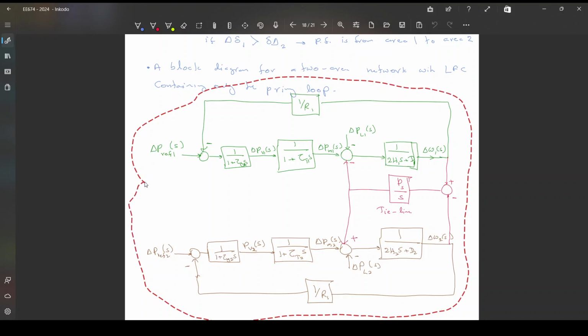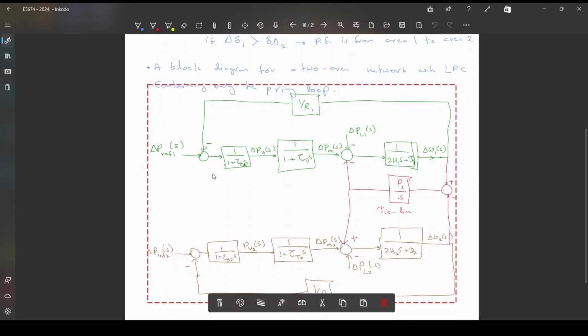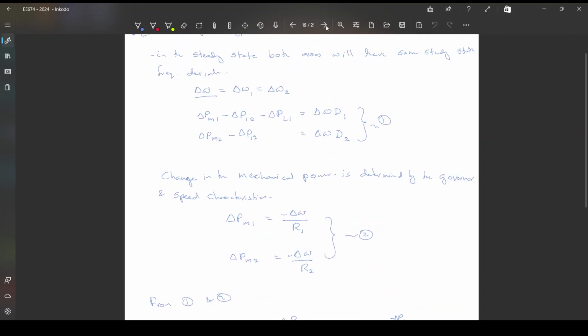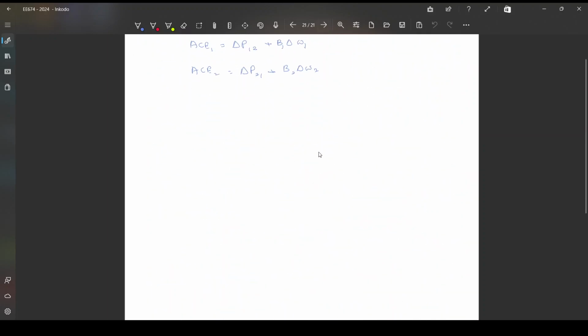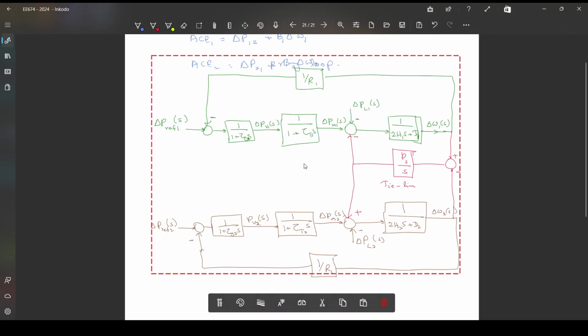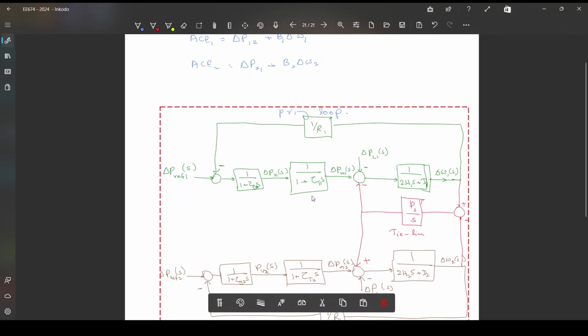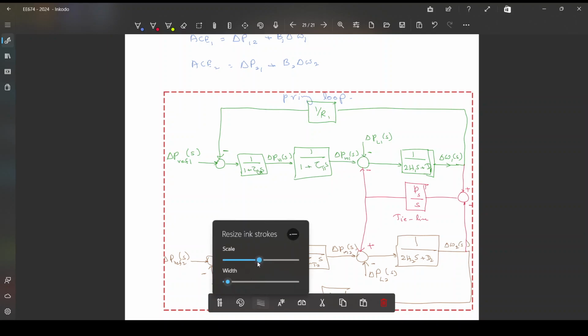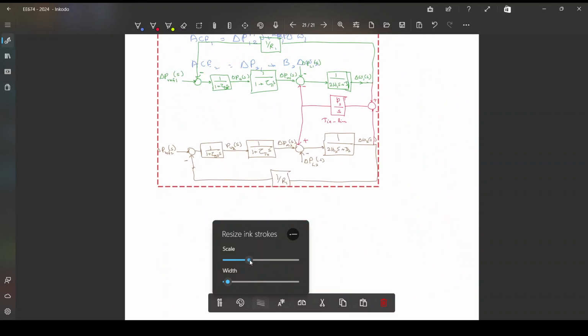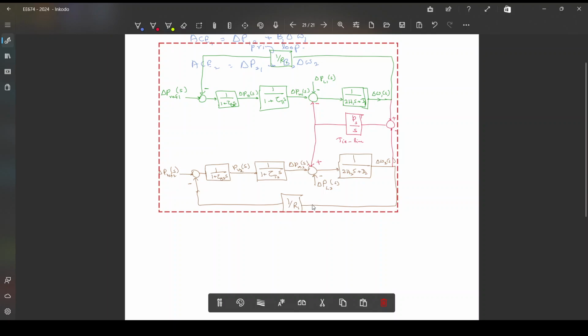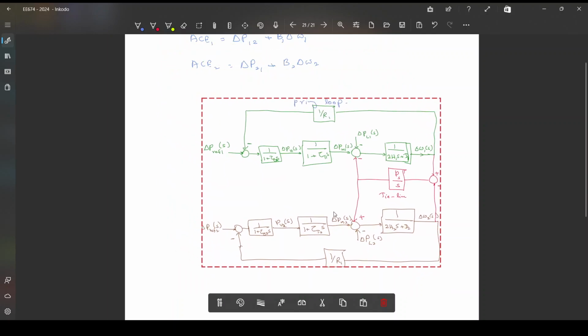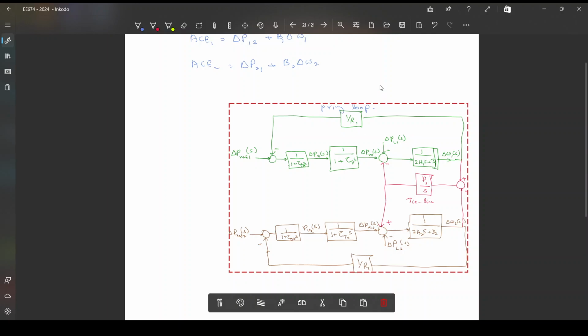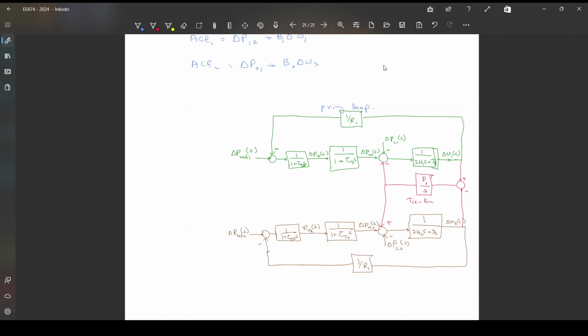I might have to reduce the size, copy and paste it here. Hope you can see that. All right, let's start from there.